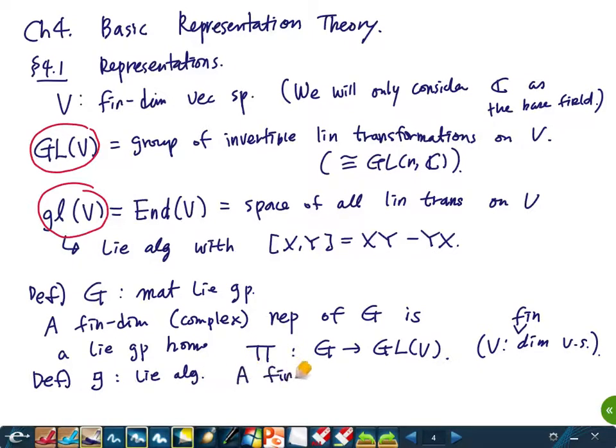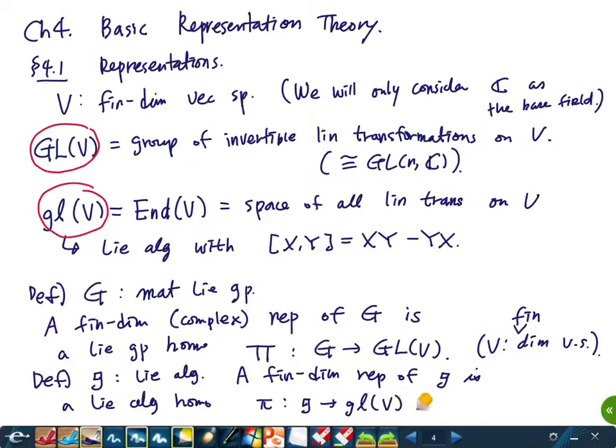A finite dimensional representation of G is a Lie algebra homomorphism, denoted pi from G to our favorite Lie algebra, GLV, for some finite dimensional vector space V. Yeah, so the definition is really simple, so I guess there should be no problem understanding this definition. Just a map or homomorphism.